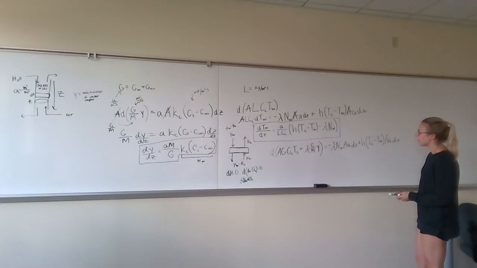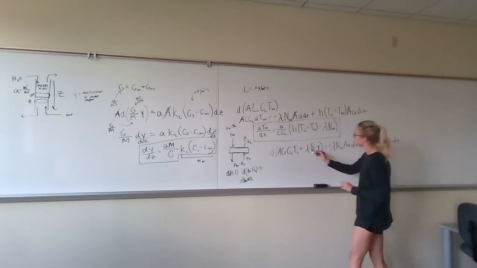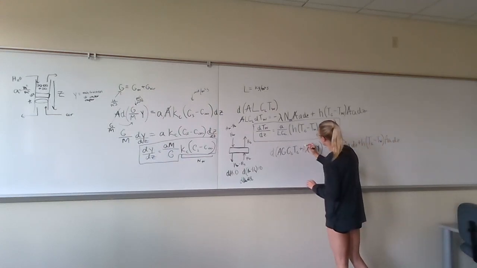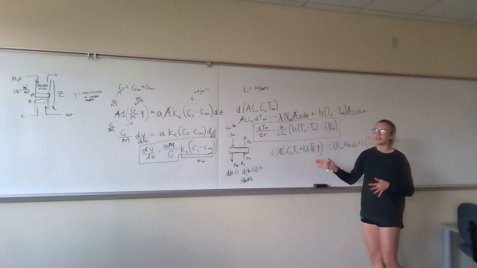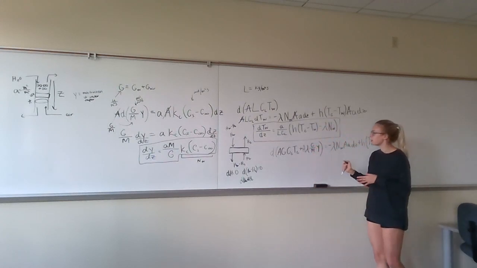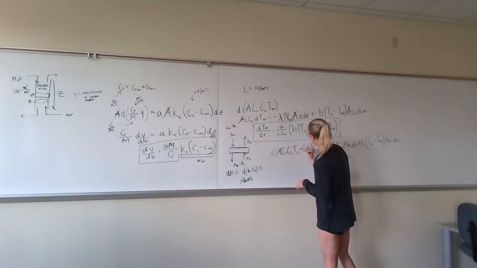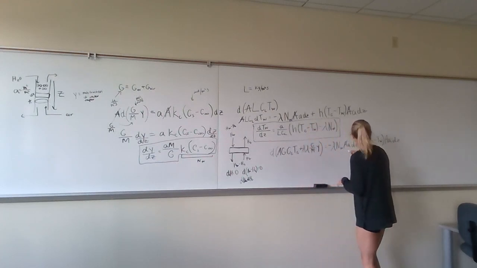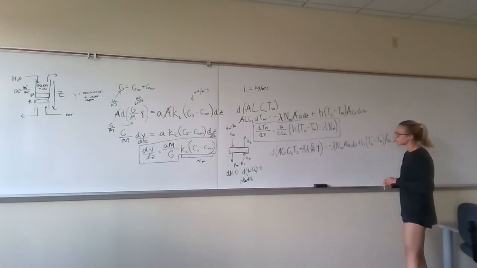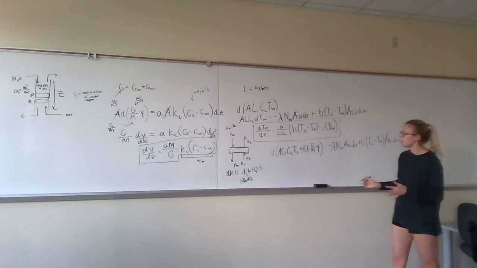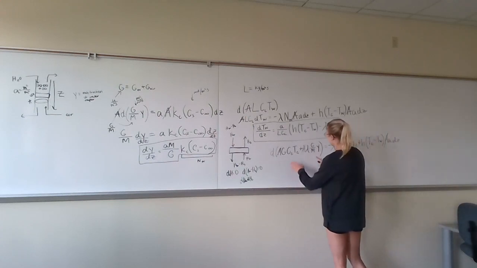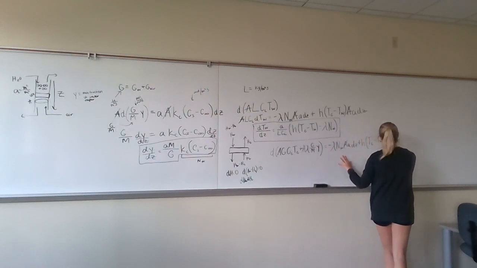So now that we have this, this will also be multiplied by the area because the flow rate of the gas is per area. So all of these area terms will cancel out, no problem. And then we are left with the change in enthalpy of the gas phase is equal to the change in enthalpy of the liquid phase.